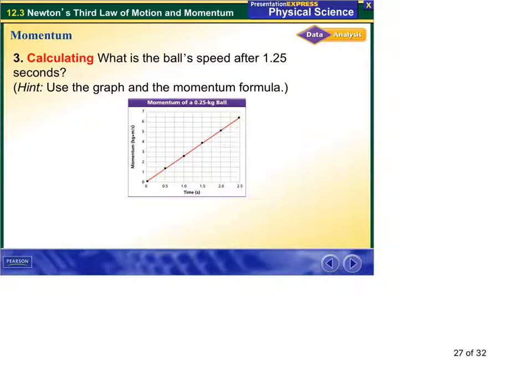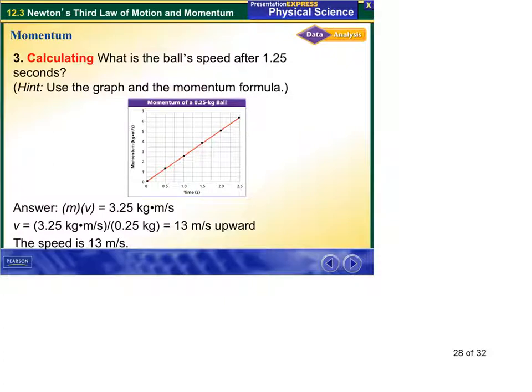And what was the speed after 1.25 seconds? So 1.25 seconds is going to be right here. At 1.25 seconds, you see the momentum is 3.25 kilograms meters per second.